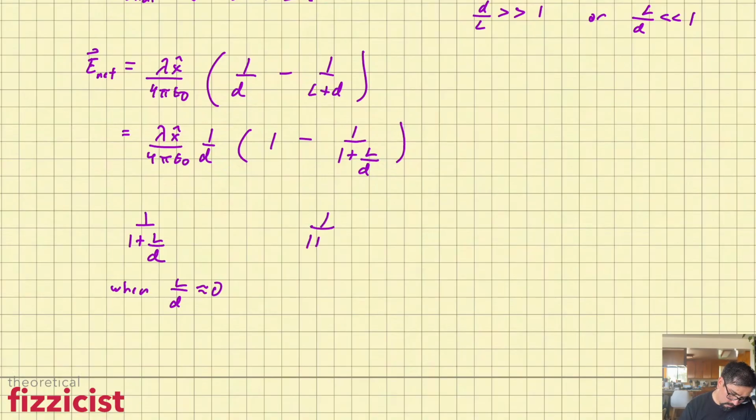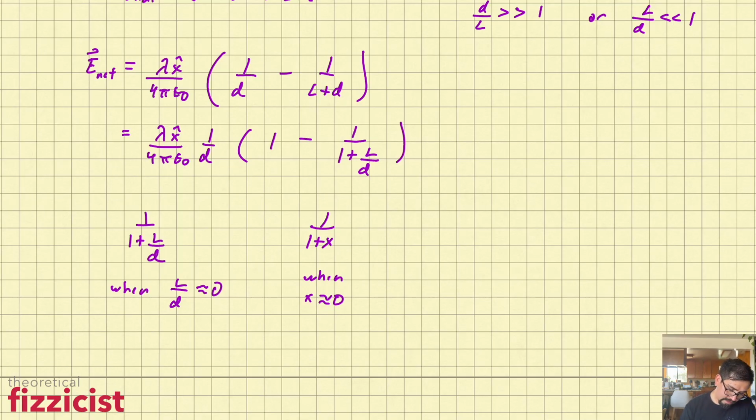What does 1 over 1 plus x look like when x is approximately equal to 0? And if we squint, we see that our x is equal to our L over d. And so let's go ahead and use the machinery of mathematics. Let's do a nice Taylor-Maclaurin series here for this function, and bada bing, bada boom, we'll be able to see whether indeed it matches our intuition or not.